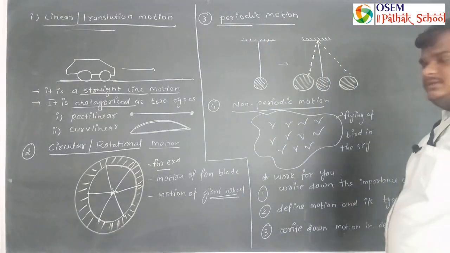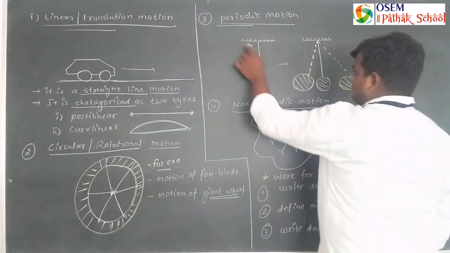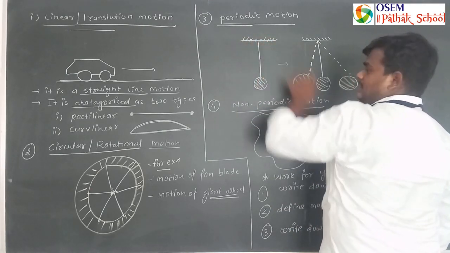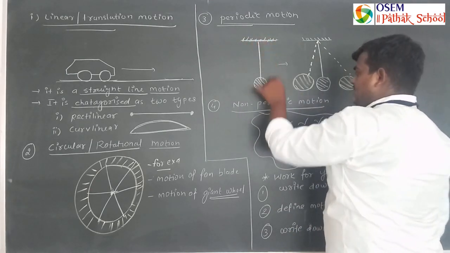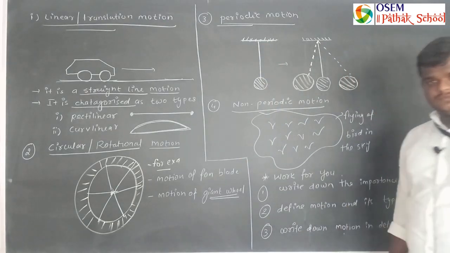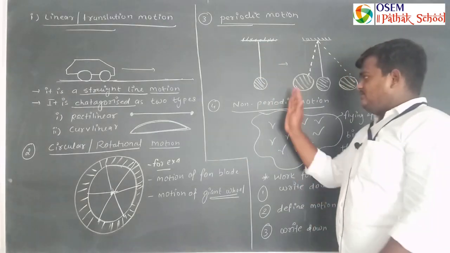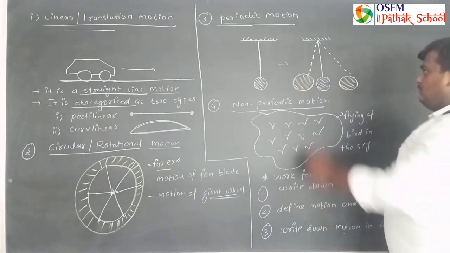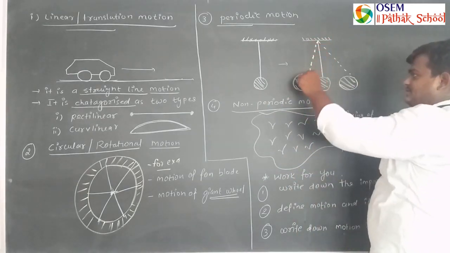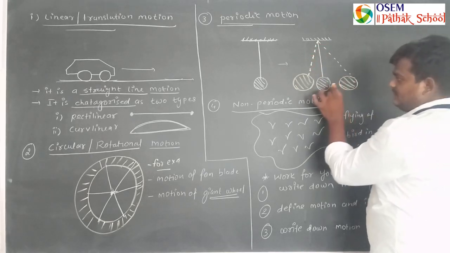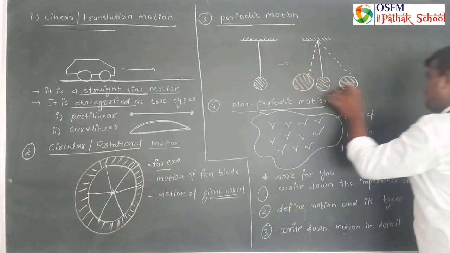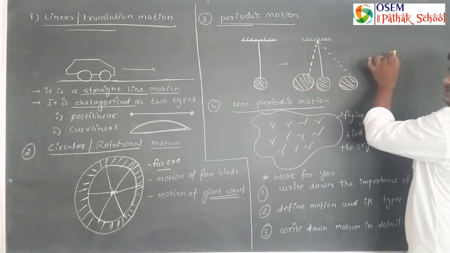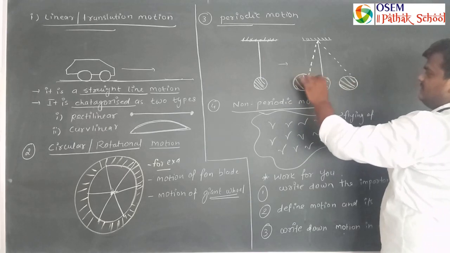Now the third type is periodic motion. In a periodic motion, this is our fixed surface that I am assuming, and this is a thread joined to a ball. Now when I flick it by touch, it starts moving in this direction. After reaching a certain height, it moves in the backward direction, again in this direction, again in this direction.